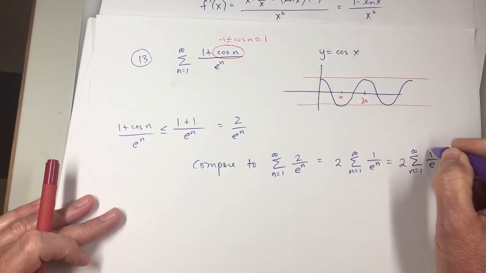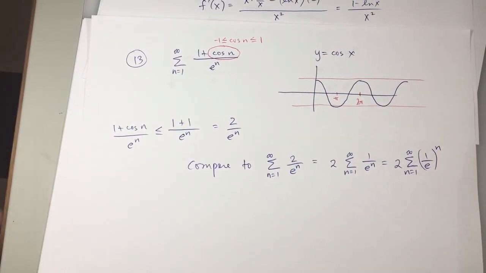This is the same as 1 over e to the n, like that. Does this converge or diverge? Converges. Why? Geometric. That's a geometric series. R is 1 over e. That converges.